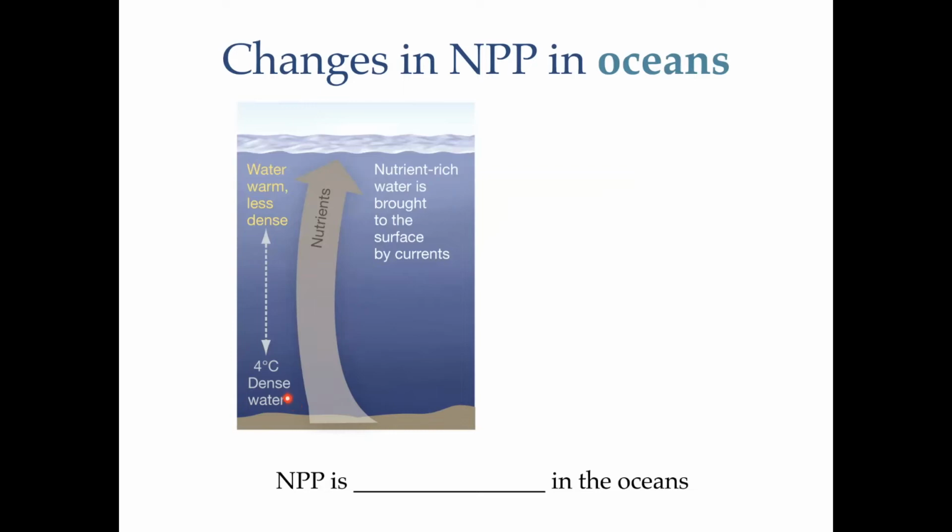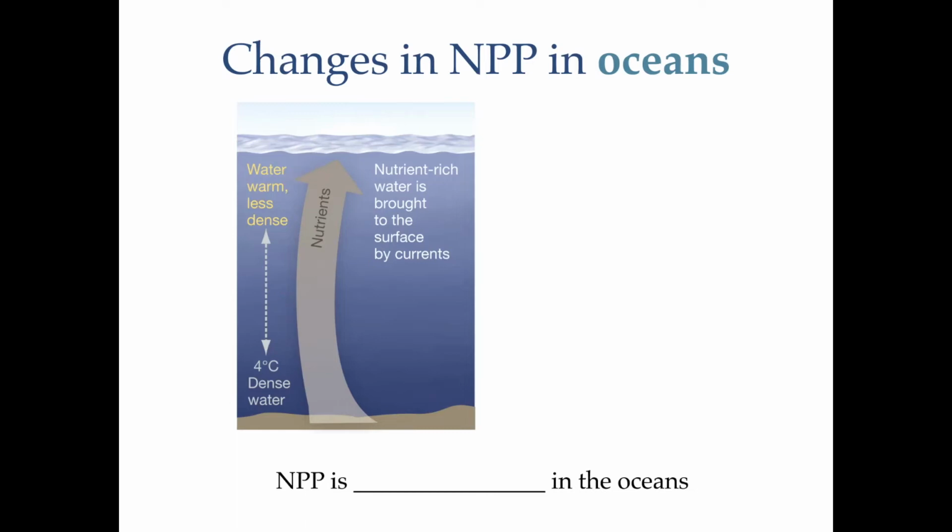Being colder, that water is denser, but it's also nutrient rich because it's close to the sediments. And close to the surface, the water is warmer because it is where the sunlight reaches easier. And because it is warmer, it is less dense. But the current of water is able to bring this nutrient-rich water up, overcoming this gradient of density of water here.